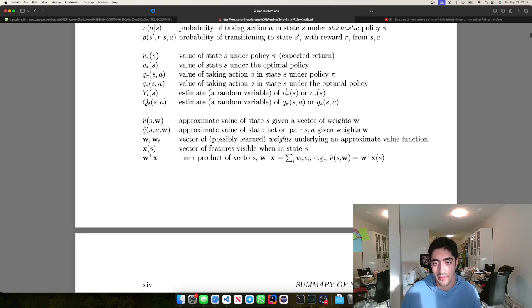Estimate a random variable of the value of the policy, the optimal policy. q was the value of taking action, v the value of state. Ooh. Value of state, value of taking.